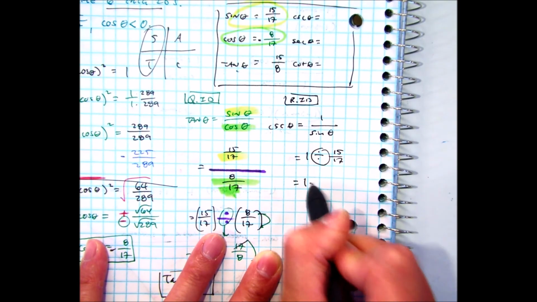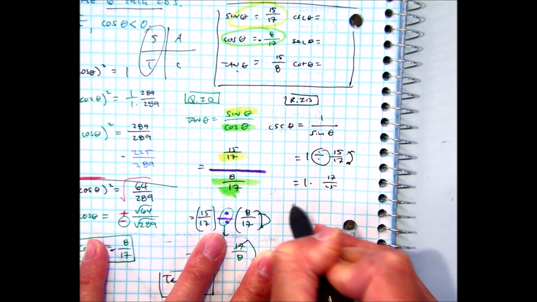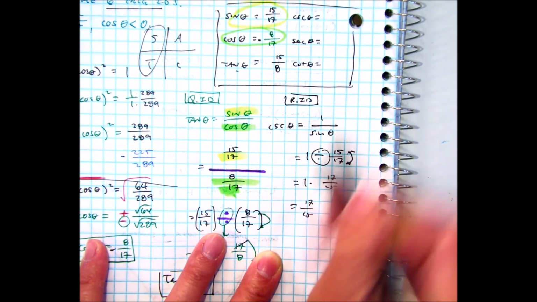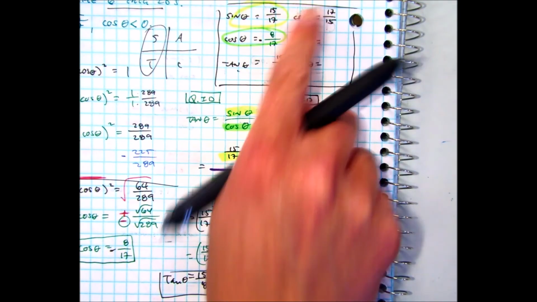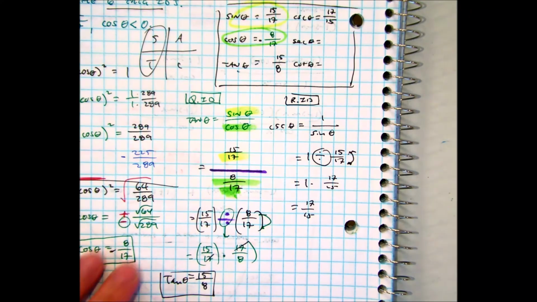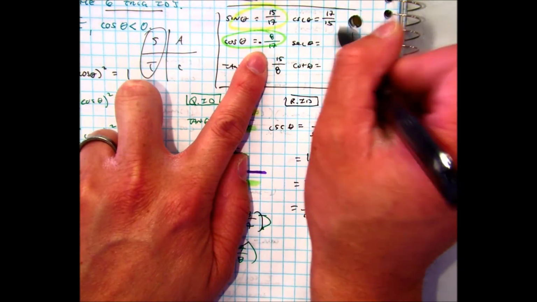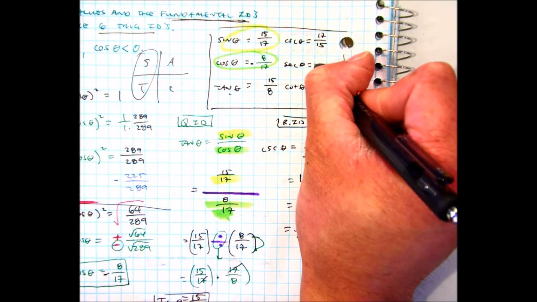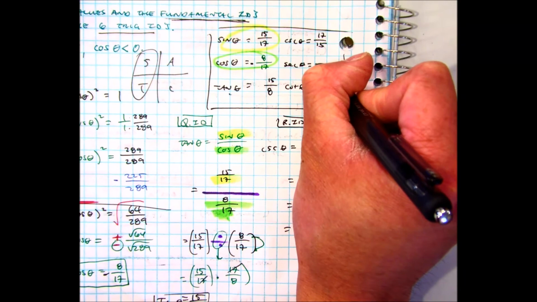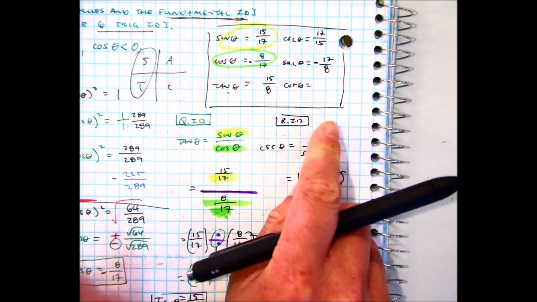Change that to multiplication, take the reciprocal, 17 over 15. Those are both positive. Now, you could just take the reciprocal of those. So what is secant going to become? Negative 17 over 8, right? Because cosine is negative.